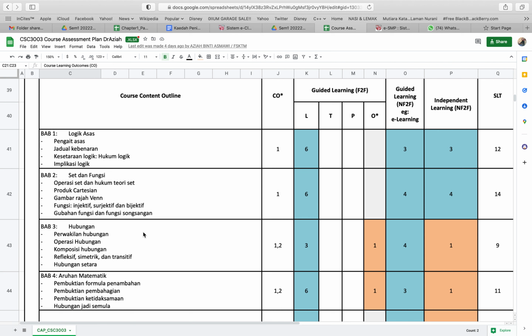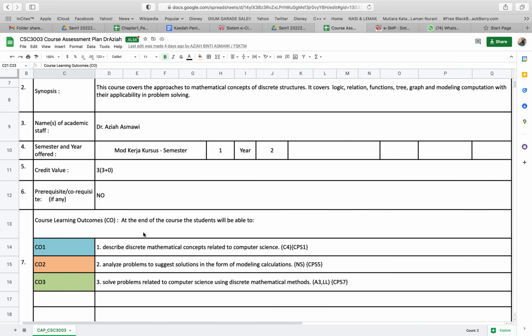This is the SLT, student learning time, that we decide for you. For topic 1, it will relate to CO1. If you remember our CO1 just now, C4 and cognitive, describe.